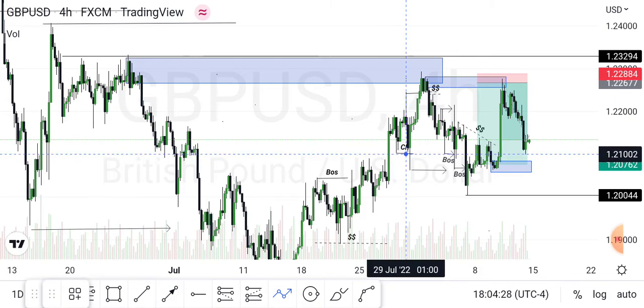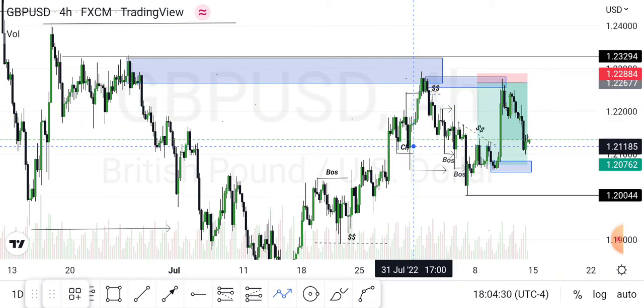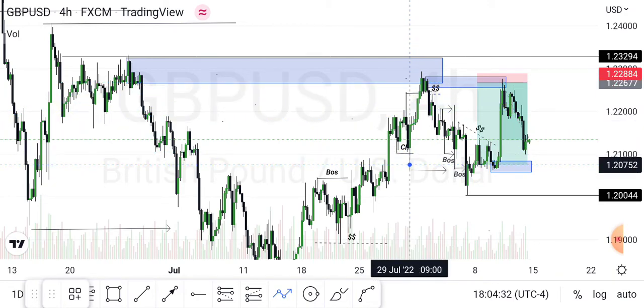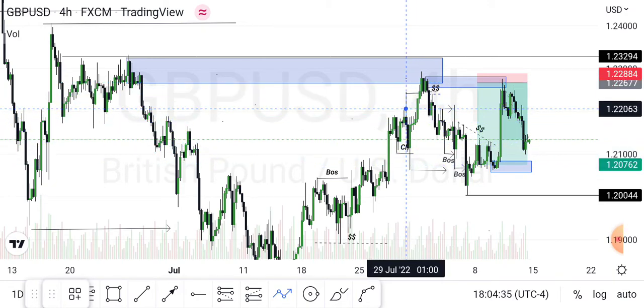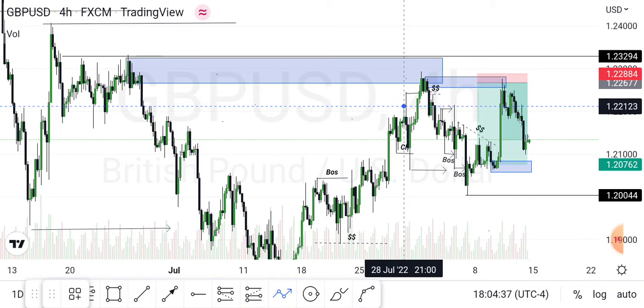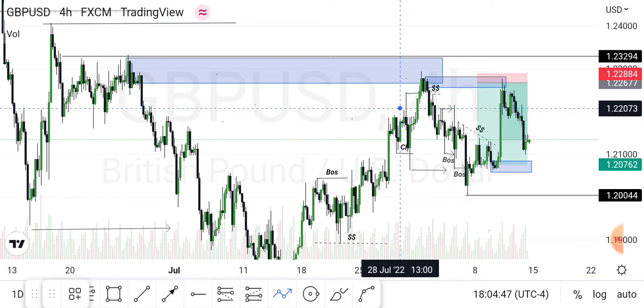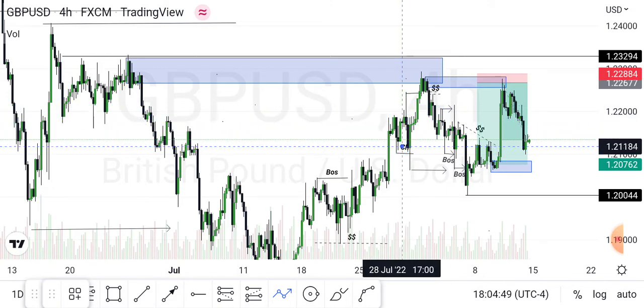After the break of structure, we all know that so many traders will take trades from the EQ of this FU candle, and I believe so many traders placed those orders.